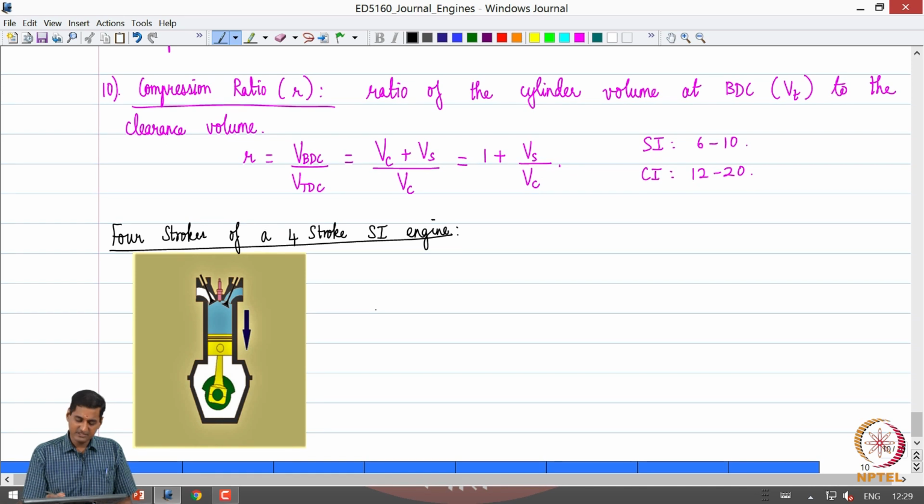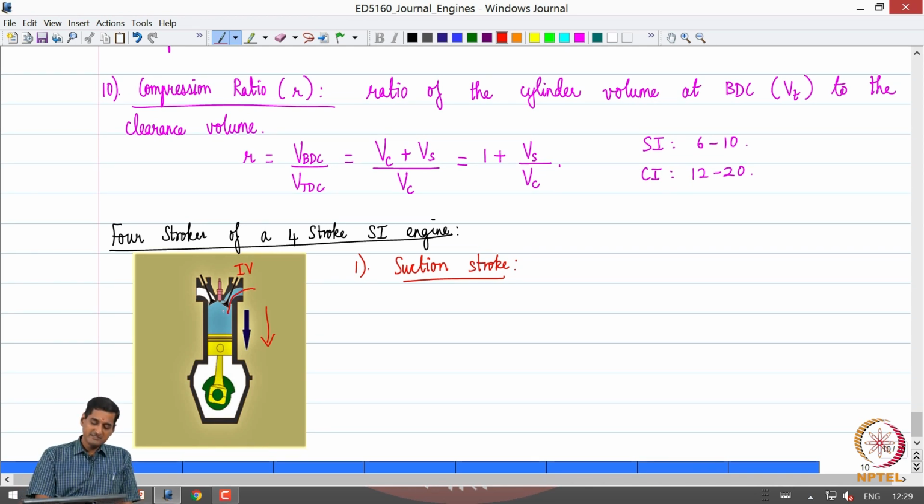So, during the suction stroke the piston is going from the top dead center towards the bottom dead center and the inlet valve is opened.